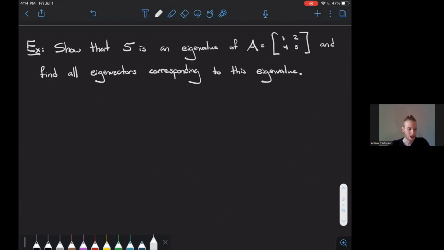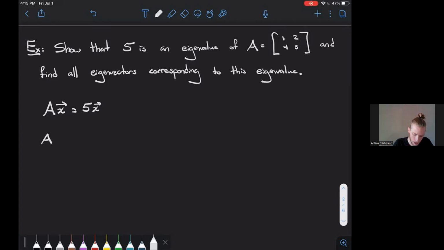Now, we want to show that 5 is an eigenvalue of this matrix A, 1, 2, 4, 3. That's harder. Okay, let's think about this. To be an eigenvalue, you need to have that Ax for some x is equal to now 5x, because they told us what the eigenvalue is, right?